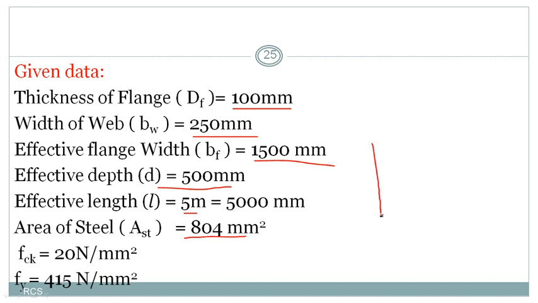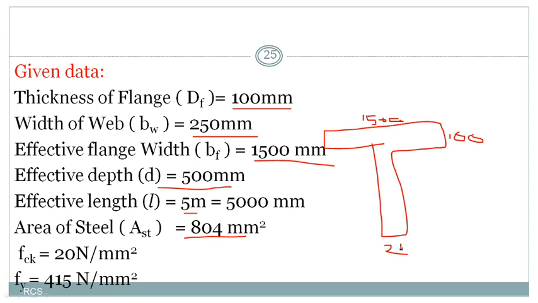So let us draw the T-beam here to indicate these values. So this is 1500, and this is Df of 100, and this is bw, which is 250 mm, and effective depth is given.